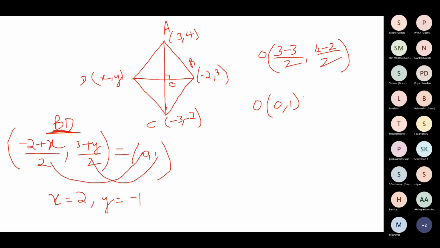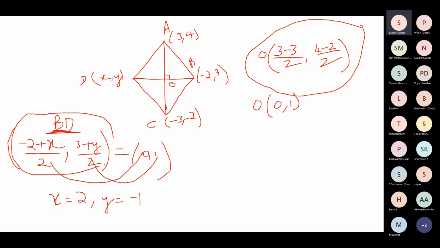Directly equated meaning you wrote this one, and you wrote it equal to this, right? Yes, ma'am. As O is equal to x minus 2 by 2, and O is also equal to 3 minus 3 by 2, I have directly equated this one. Correct. That's what even we have done here.